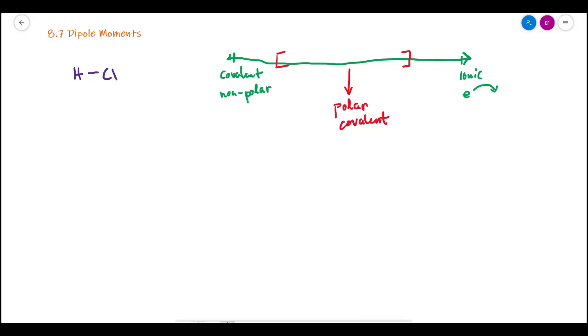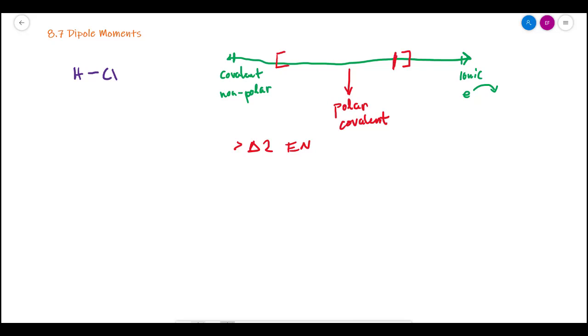Anything that had greater than 2 units of electronegativity difference, we called ionic. Less than 2, we said they were polar covalent, and 0, we called completely nonpolar. So HCl is somewhere just less than 2. So this is a polar covalent molecule. It's definitely on the high end, closer to ionic.